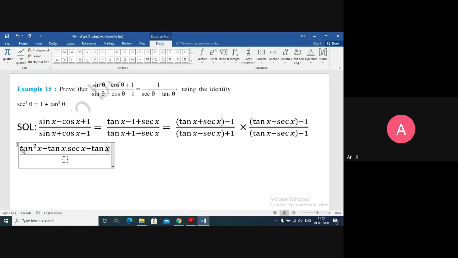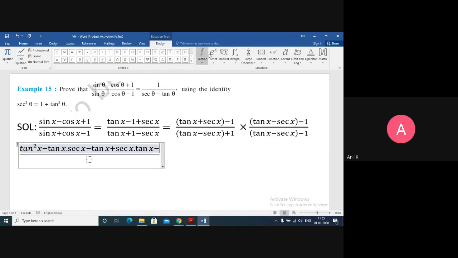So tan is multiplied with all the three terms. Next I have to multiply sec x with all the three terms. So plus sec x into plus tan x, it will be plus sec x tan x. Next plus sec x into minus sec x, plus into minus is minus.